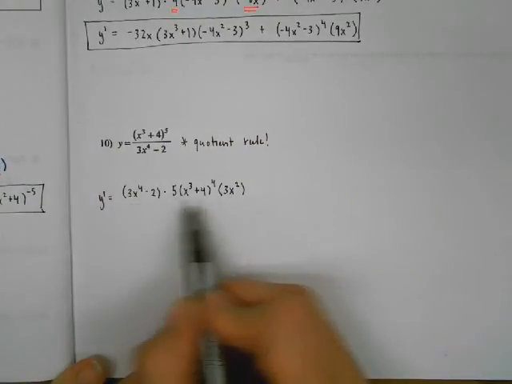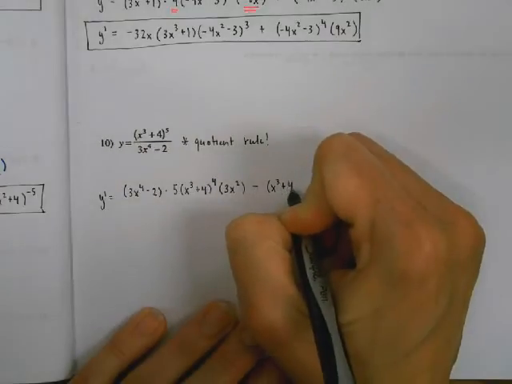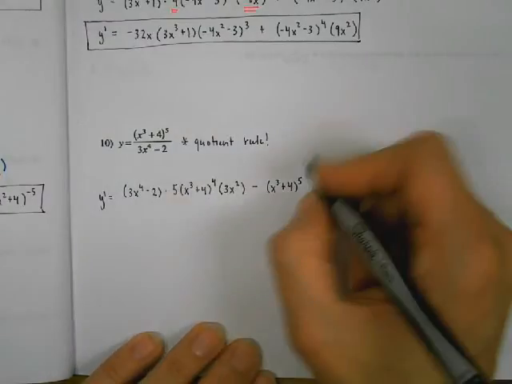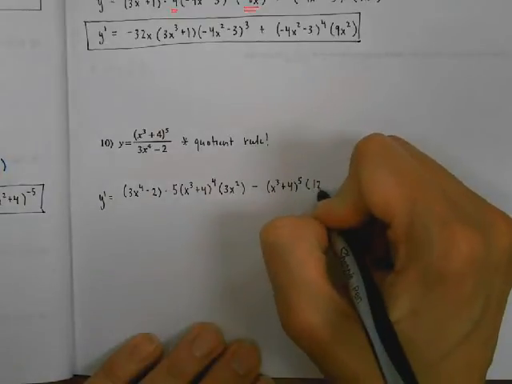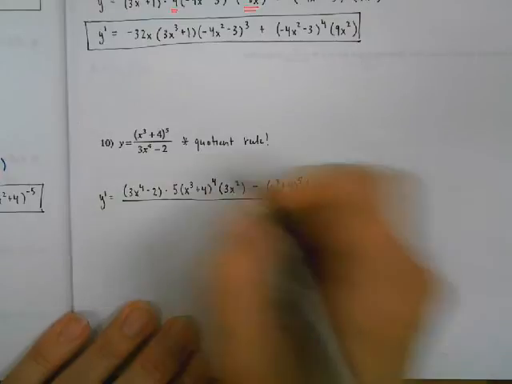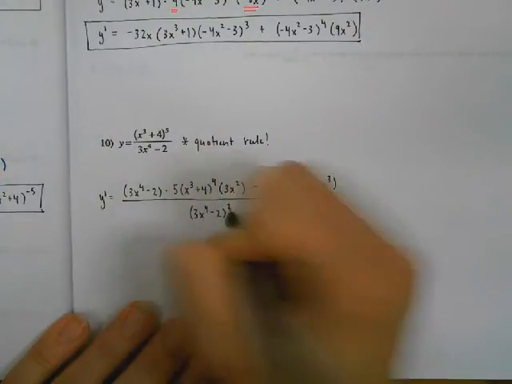So that's our low d high minus high, x cubed plus 4 to the fifth, times the derivative of our low function. And again, this one is pretty nice because that does not involve chain rule. We get 12x cubed, and that's all over low squared. So our denominator squared.